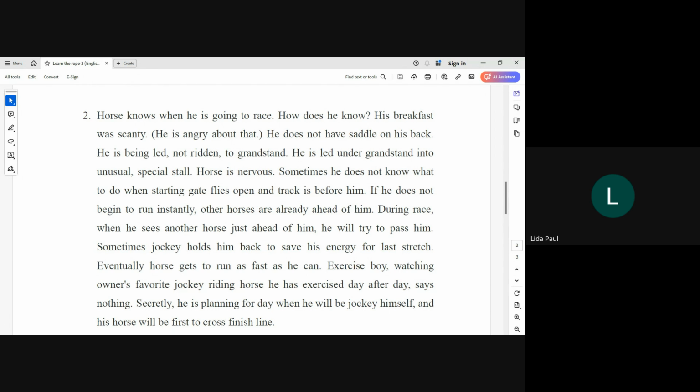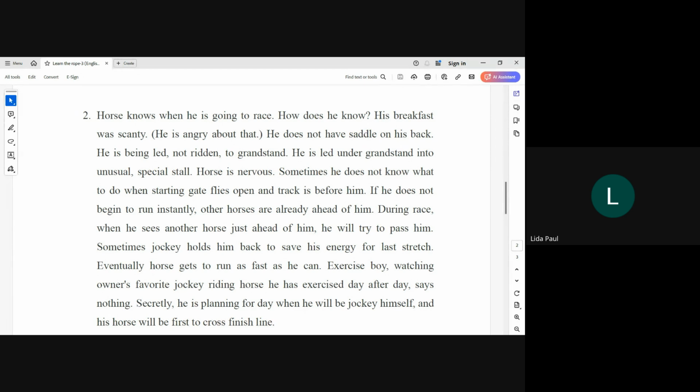So anything in its first mention always takes the indefinite article, not the definite one. So you say, a horse knows when he is going to a race, right? Both cases a, it is first reference.